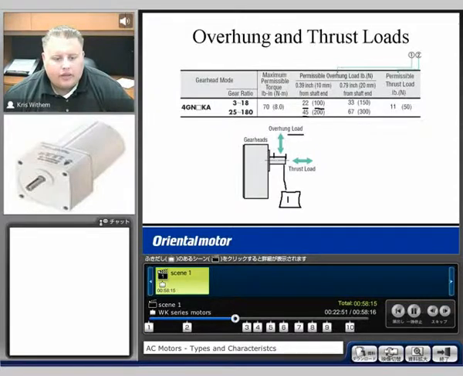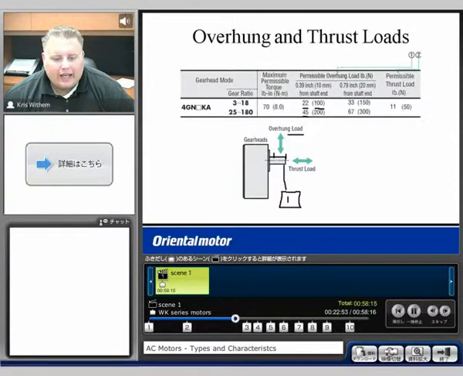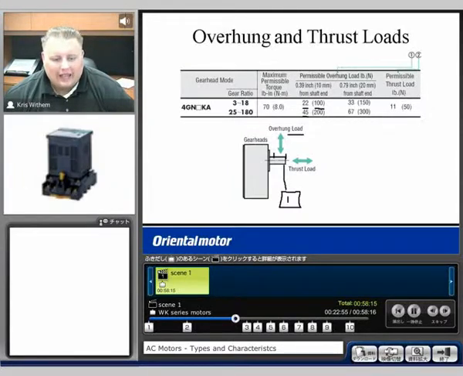Okay, this specific one is saying 0.39 inches from the shaft end. Okay, what that's saying is the far end of the shaft here, 0.39 inches in, or 10 millimeters in, it can handle up to 22 pounds.